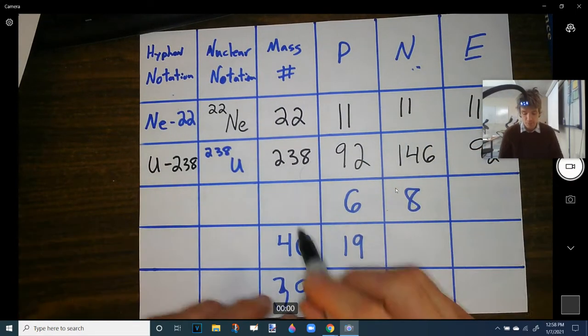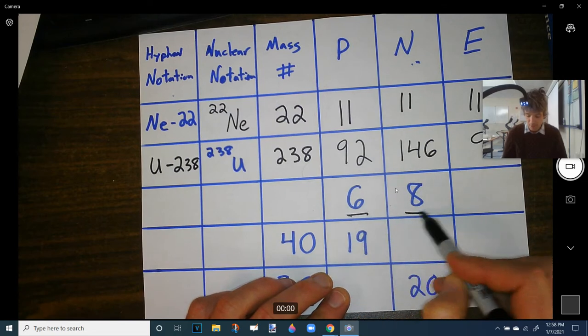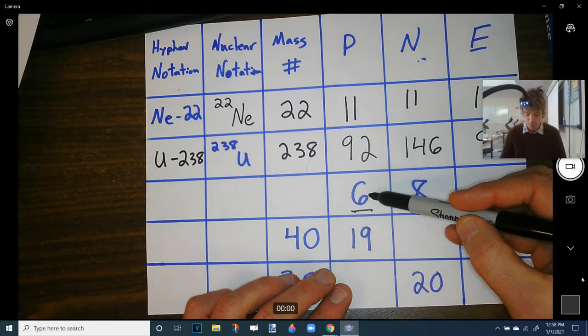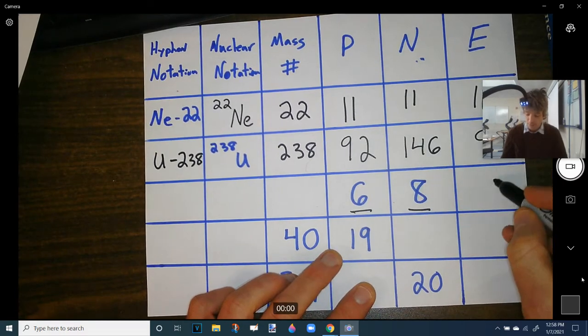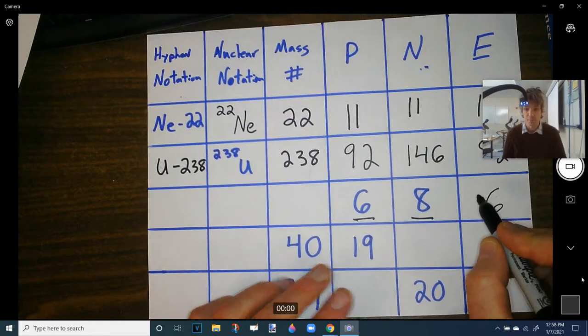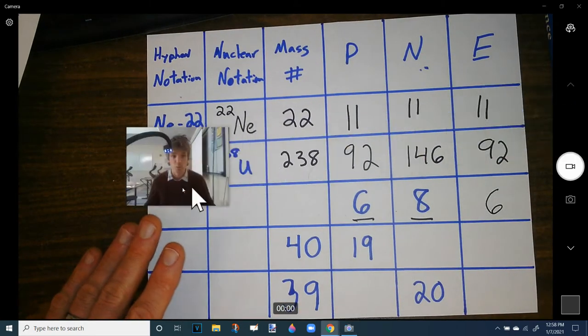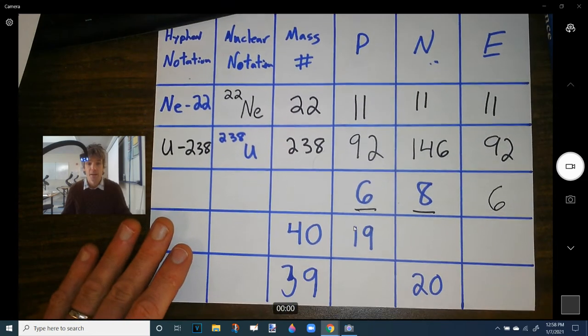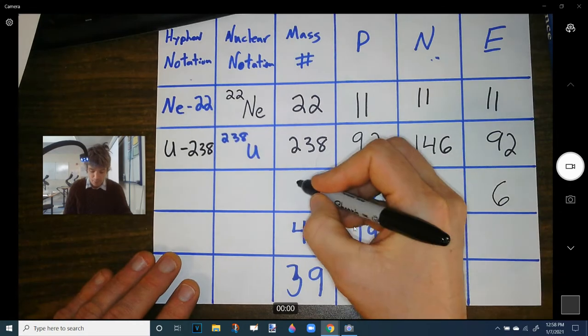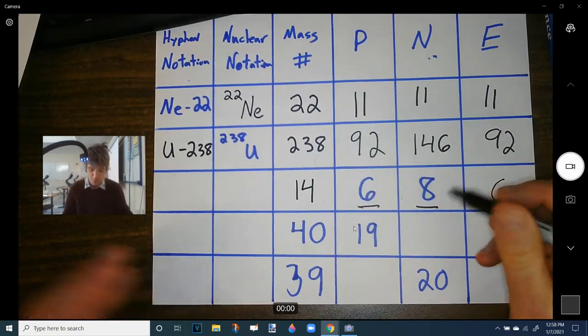All right, now this one's a little different in that I'm given the number of protons and the number of neutrons. So that's going to be 6 because the protons and electrons are the same, and these are all neutral atoms, all right? And now the mass number is going to be these two added up. So it's going to be 14, all right?